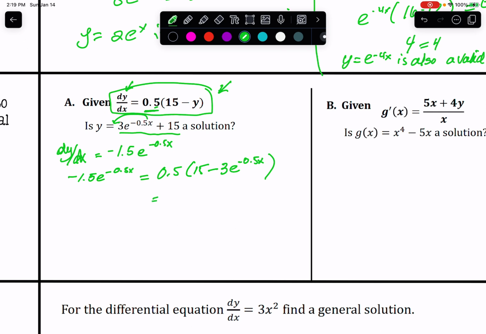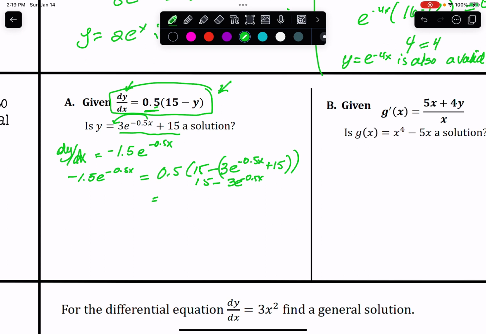Let's see, we have plus 15. I forgot, right? Sorry, hang on. Got to go back here. And then we have 15 minus this, right? Plus 15. That's the whole y. And so this is 15 minus 3e to the negative 0.5x.